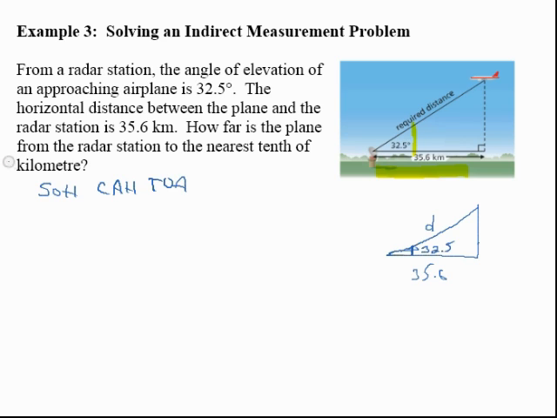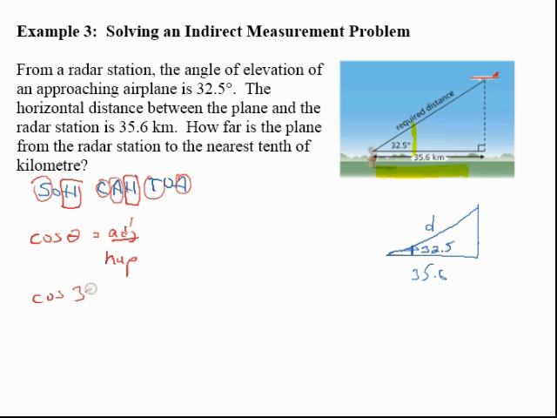Now, we know the angle, so we know sine and cos and tan, and we know the adjacent, and we are looking for the hypotenuse. So this time we're going to use cosine. So base equation, cos theta is adjacent over hypotenuse.